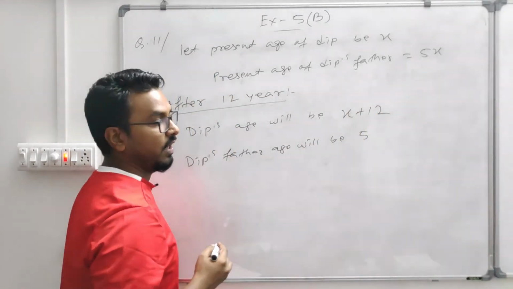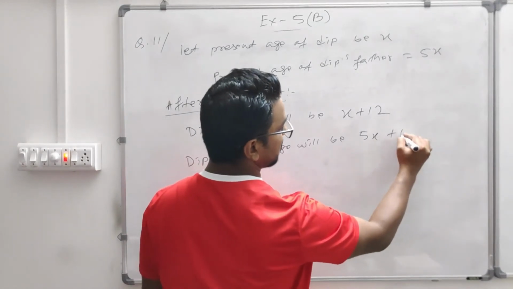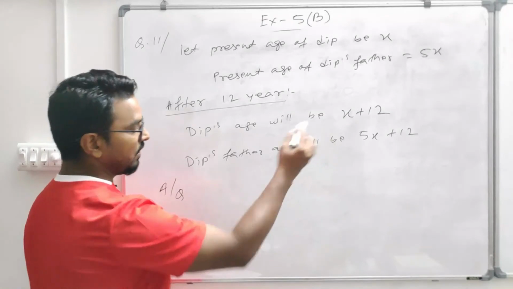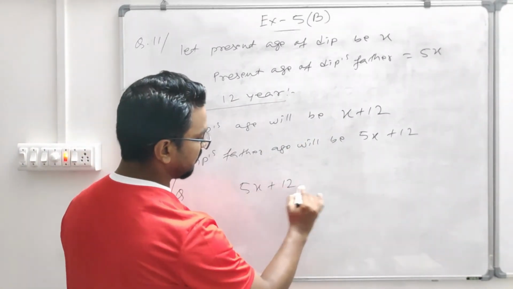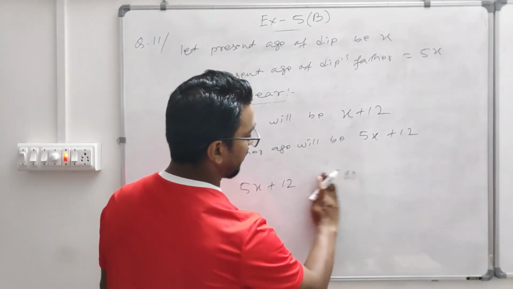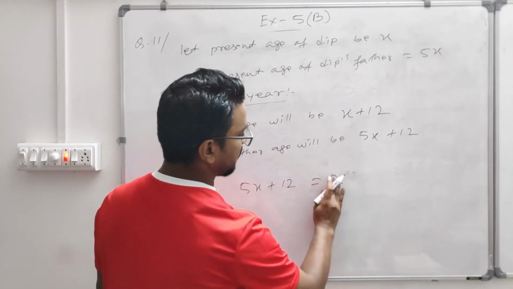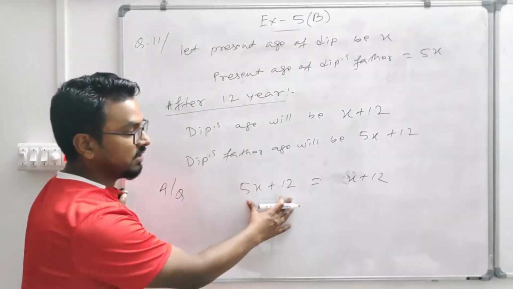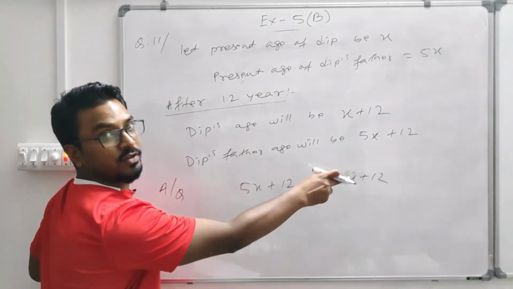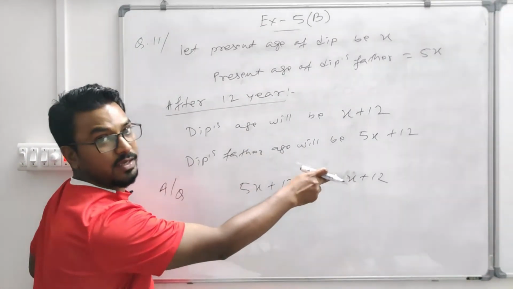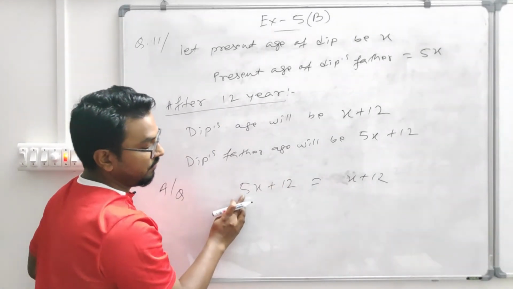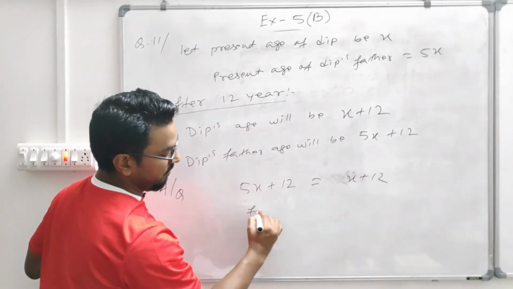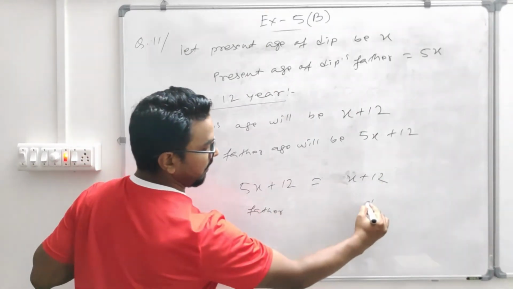Present age was 5x, so after 12 years, 5x plus 12. Now according to the question, first let us write their ages. Deep's age is x plus 12, and the father's age is 5x plus 12.